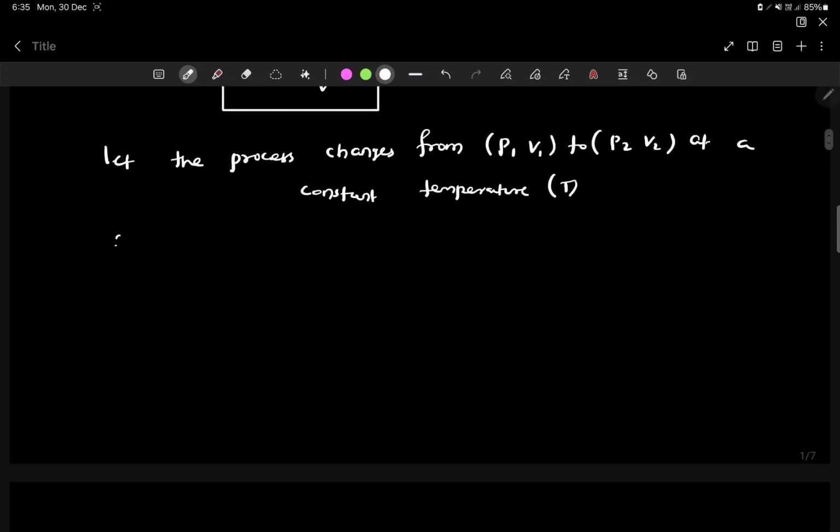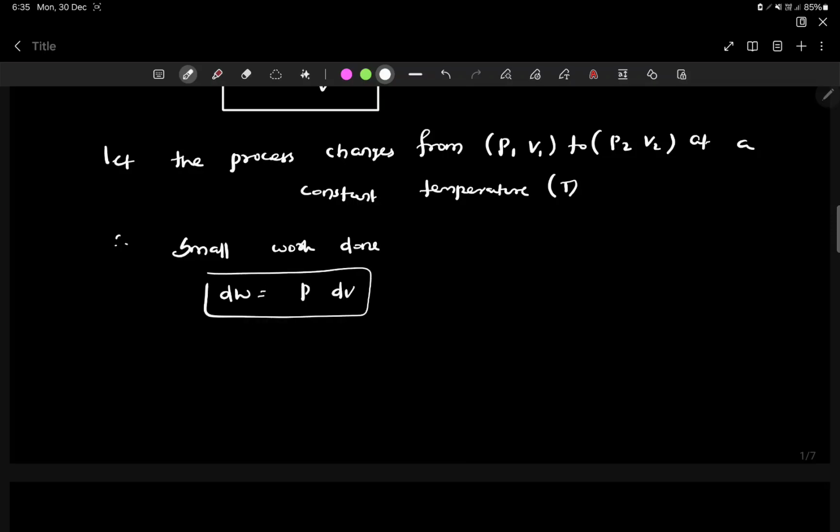So the small work done will be dW equals the thermodynamic work done formula, pressure into volume, P dV. So this is the small work done value.